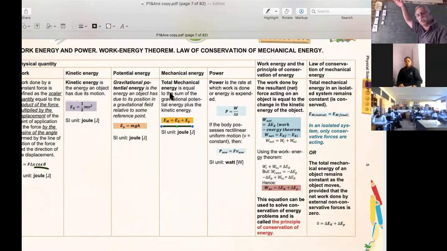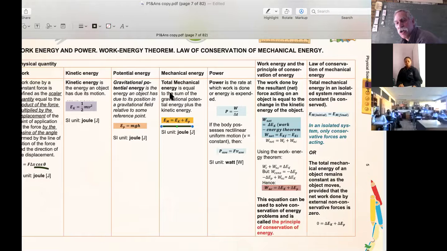Because it's got a height, it's potentially there. Now she slides down the slope. Now she's got no more height, but what type of energy has she got? Who says she's got potential energy at the bottom?